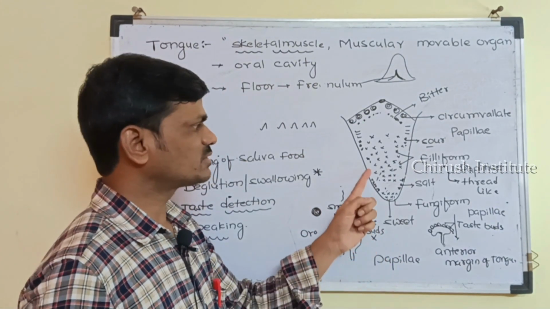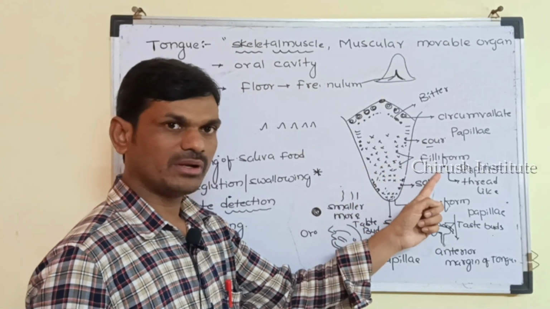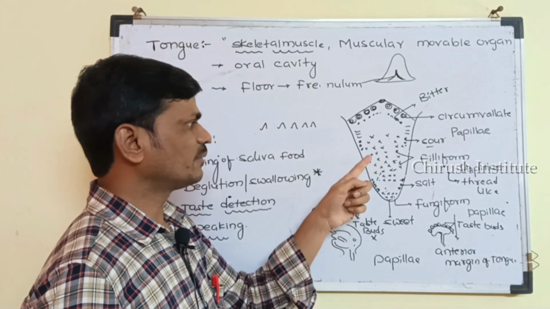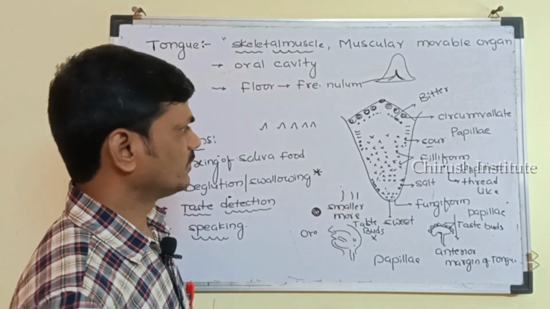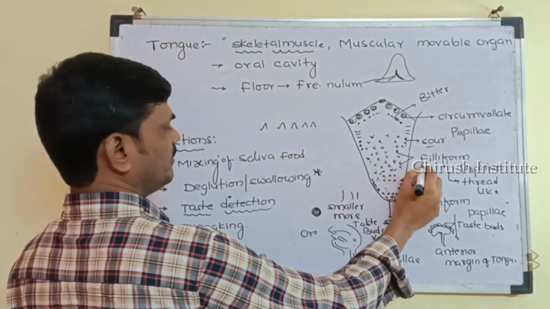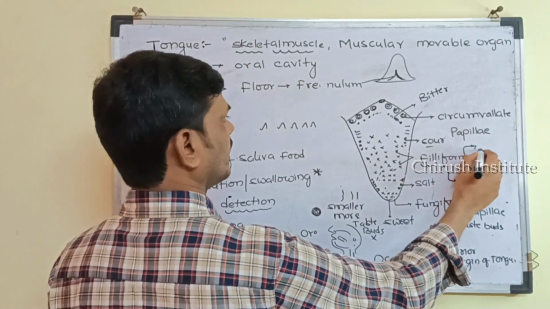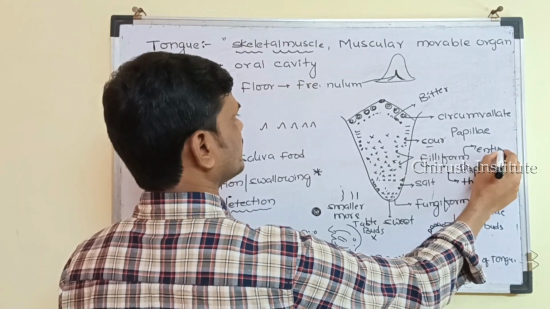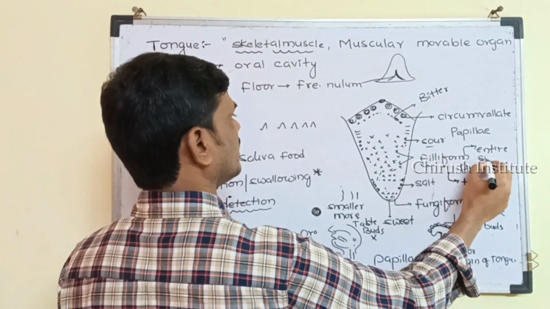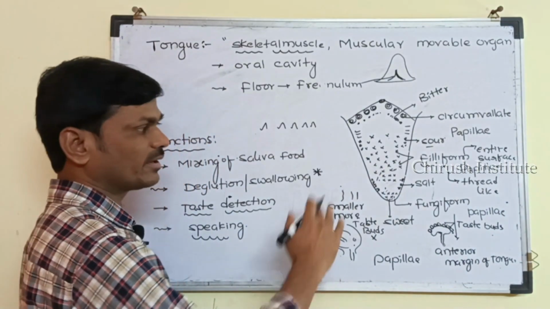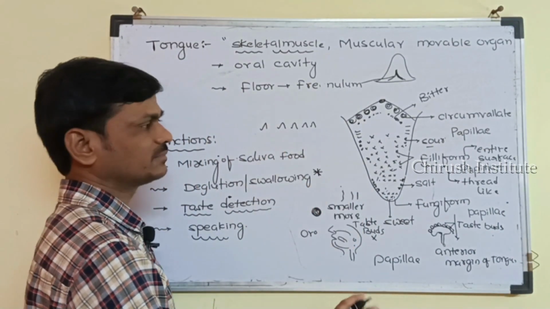So taste buds are absent on filiform papillae. They maintain the texture of the tongue. Filiform papillae are present on the entire surface of the tongue, more in number and smaller in size.